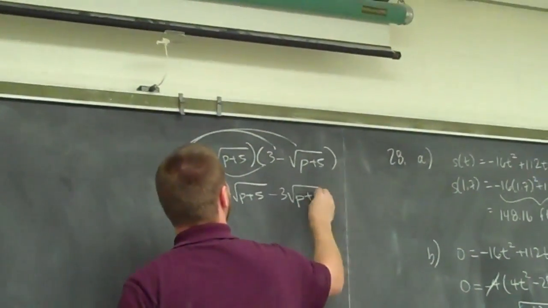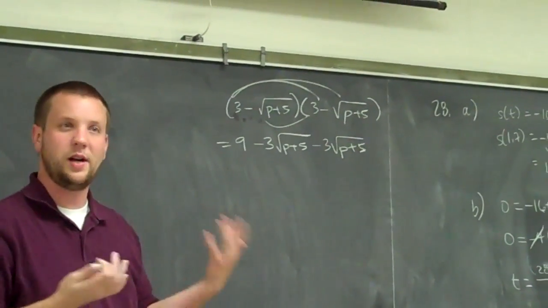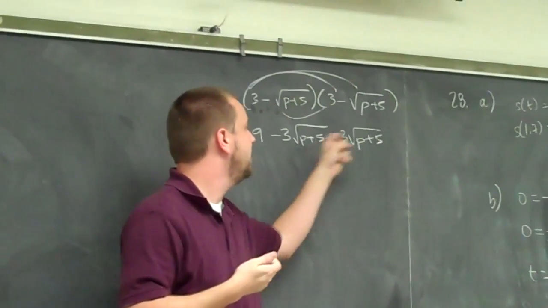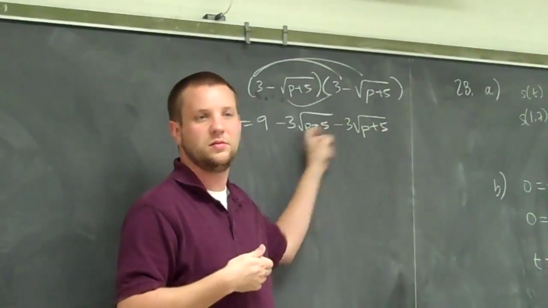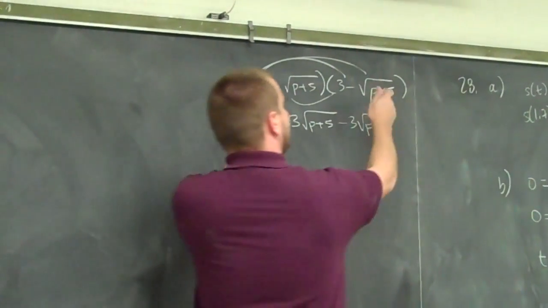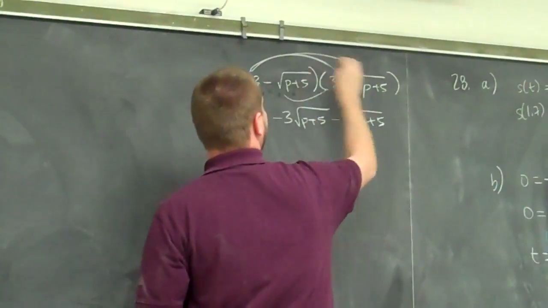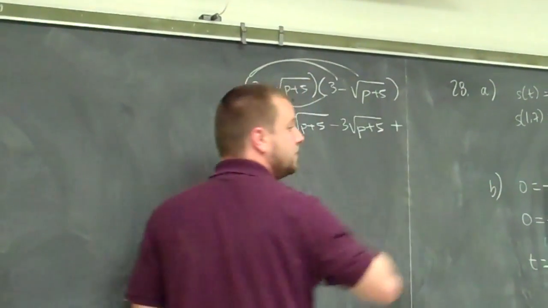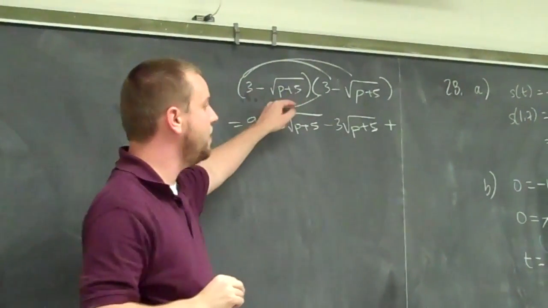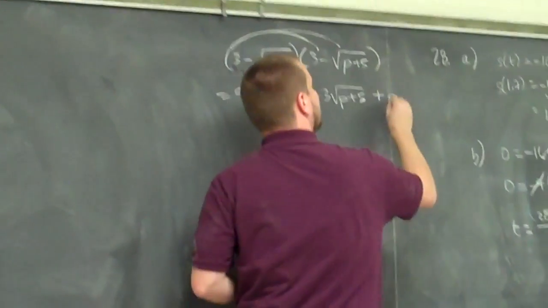If you haven't picked up on that yet, when you're squaring a binomial, these two terms here should always be identical because you're always multiplying the same two numbers here as you are here. And then negative times negative is positive. And the square root of p plus 5 times the square root of p plus 5 is p plus 5.